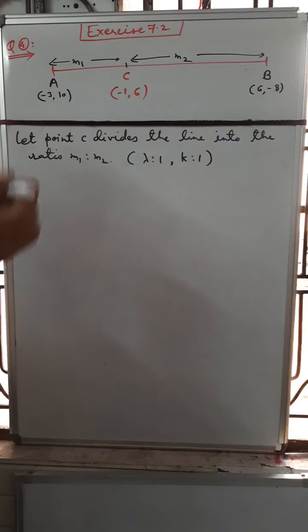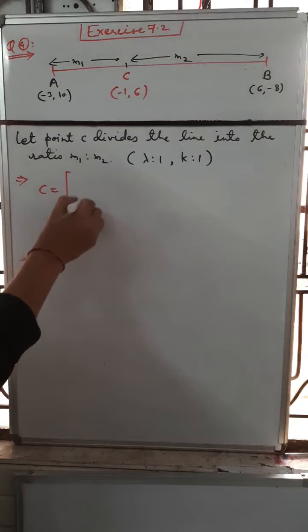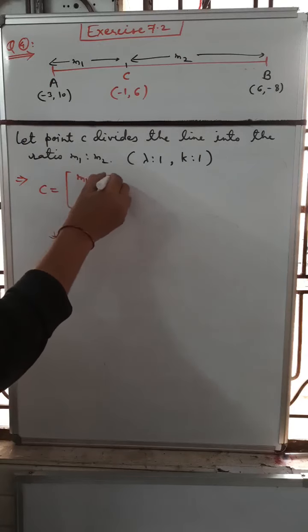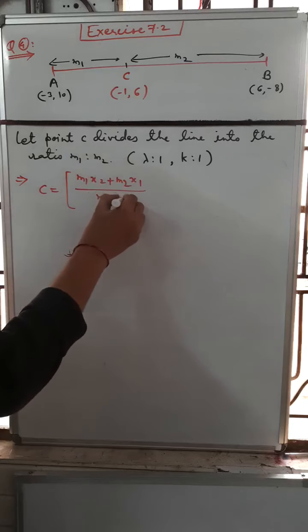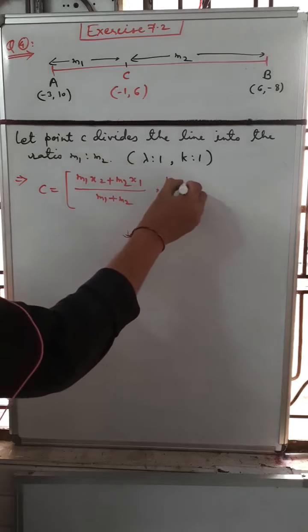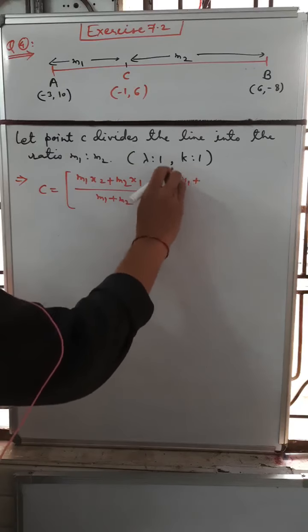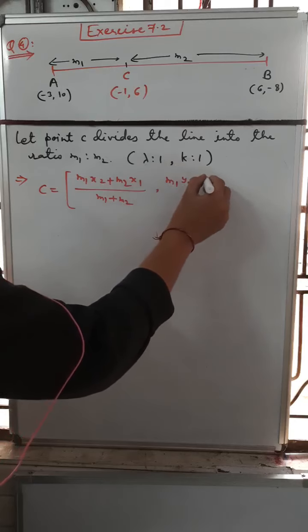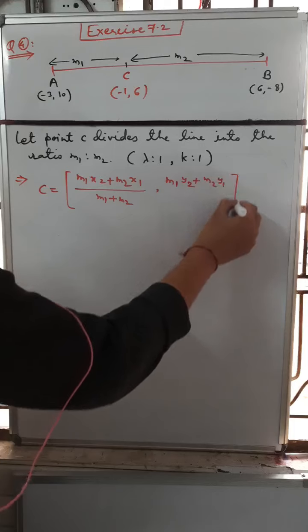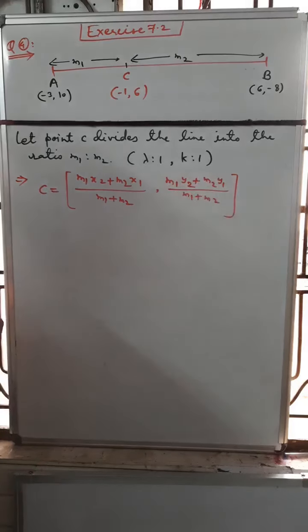So how to find it? A similar method we will use here. The coordinate of C is equal to, you know, (m1 x2 plus m2 x1) upon (m1 plus m2), comma, (m1 y2 plus m2 y1) upon (m1 plus m2).